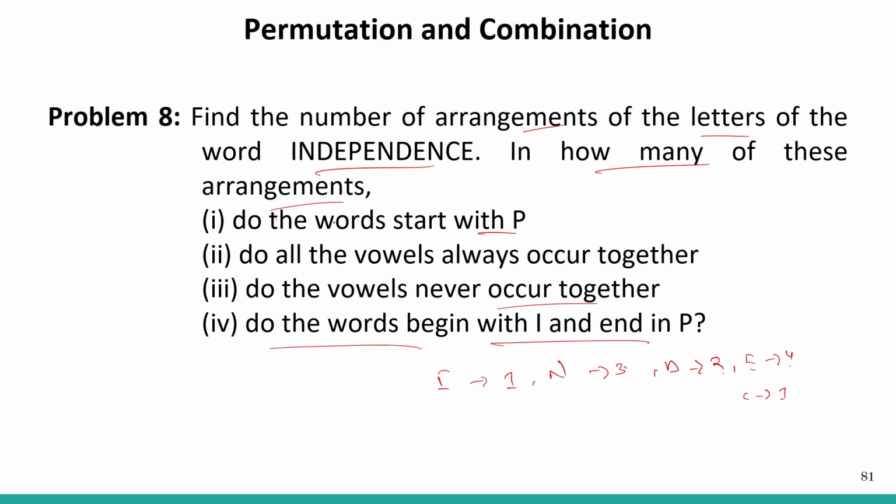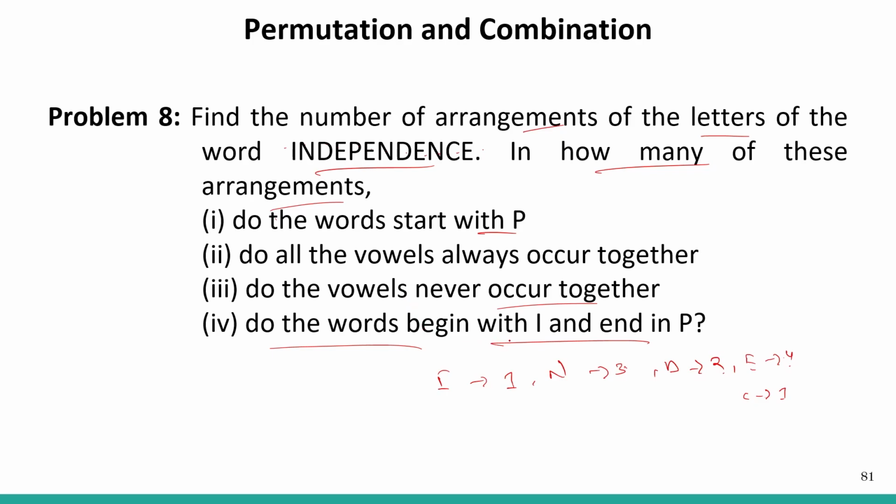Let's see what we have missed. N is thrice, D is twice, E is 4 times, and C is only once. So 3 plus 2 is 5, then 9, 10, 11. But here we have 12 letters.